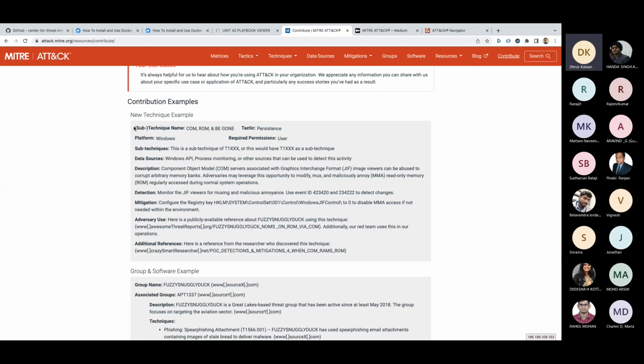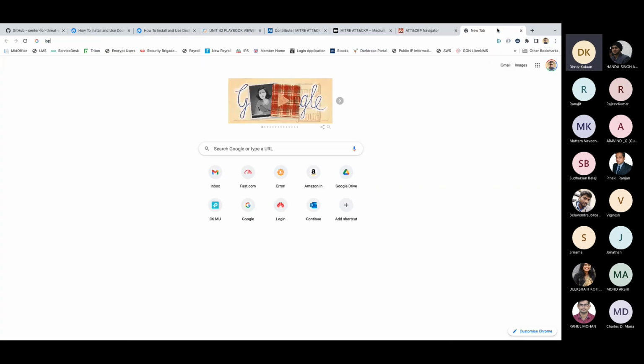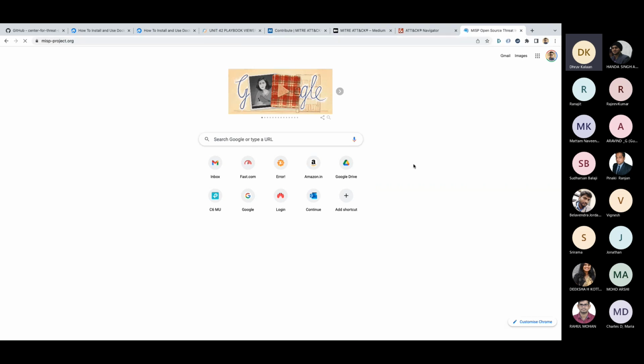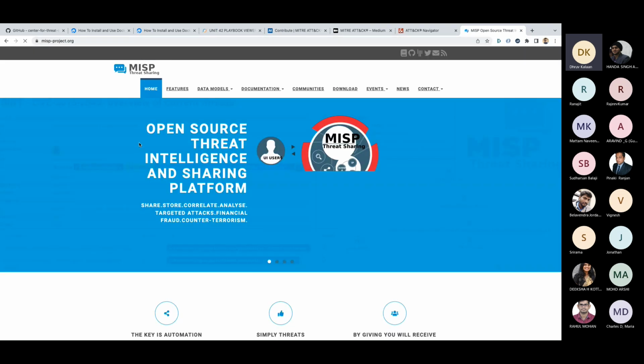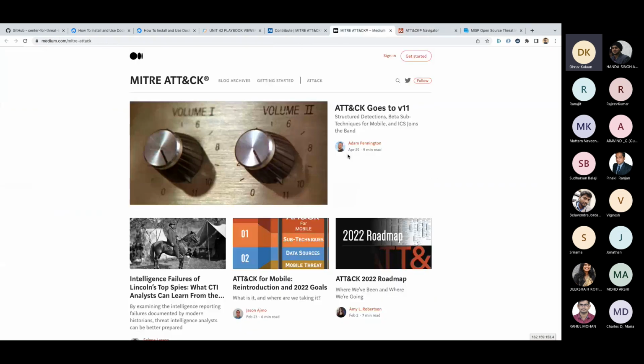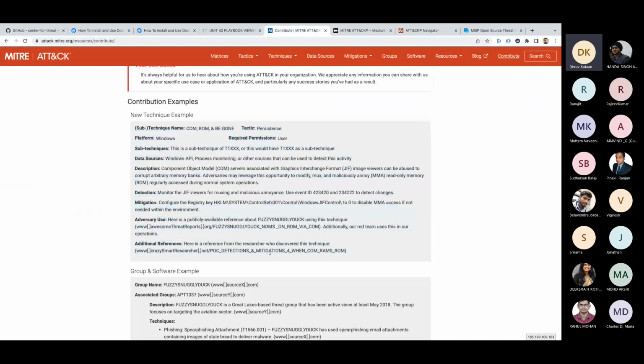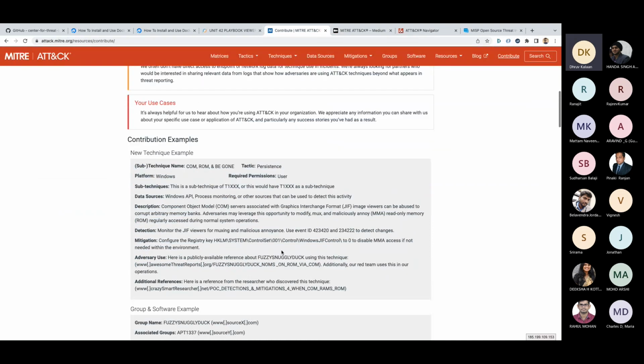How this information is populated is something that MISP as a solution does, which I spoke about last time. People who are using MISP in their organizations, it helps them map information out and share it in this format that we spoke about. This format is then picked up, populated, and shared with the community worldwide.